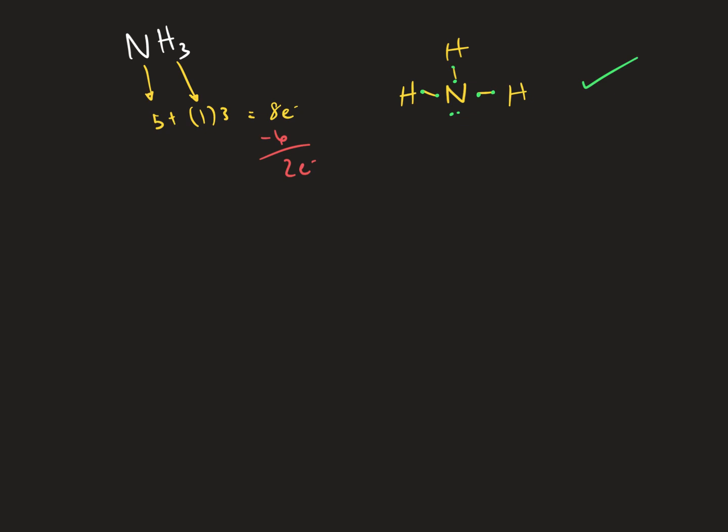Okay, carbon, C. How many valence electrons does carbon have? This is our first step, right? 4. It's not bonded to anything, so we're not going to do the rest of the steps. We're just going to put them around it. 1, 2, 3, 4. Done. Does that make sense? Okay. Anything else on that section?